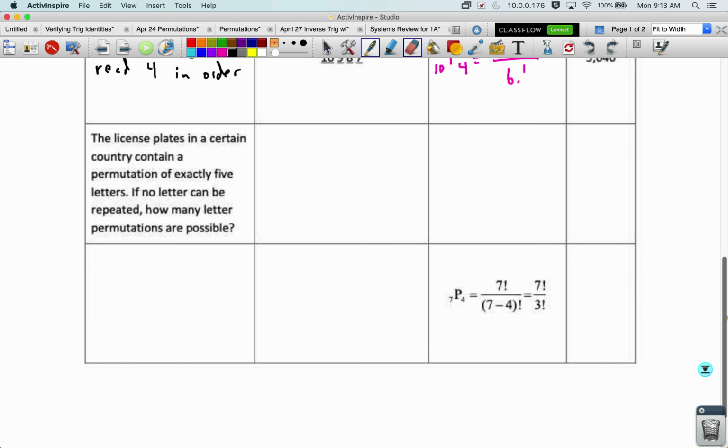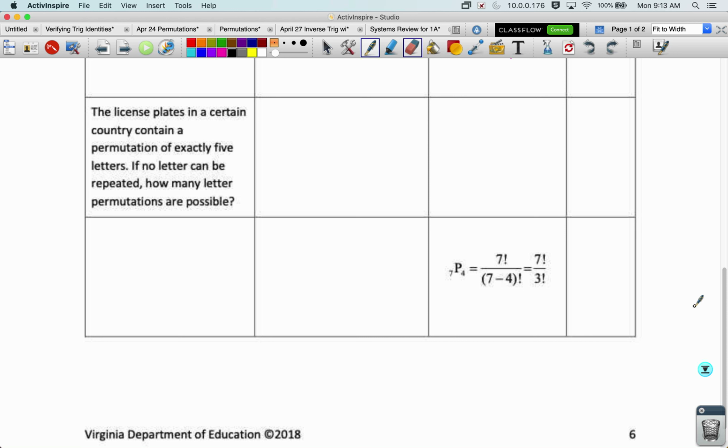All right. The license plates in a certain country contain a permutation of exactly 5 letters. If no letter can be repeated, how many permutations are possible? So in that first spot, put 26. Second spot, you put 25, then 24, then 23, then 22.